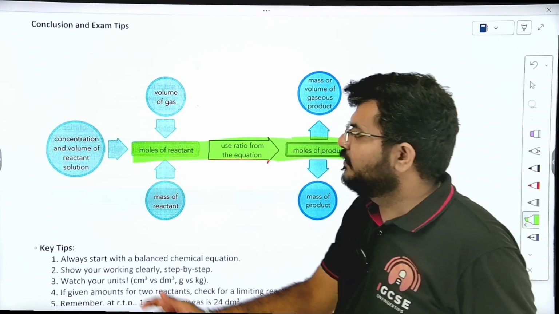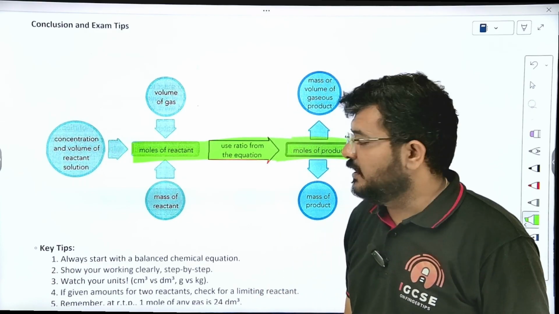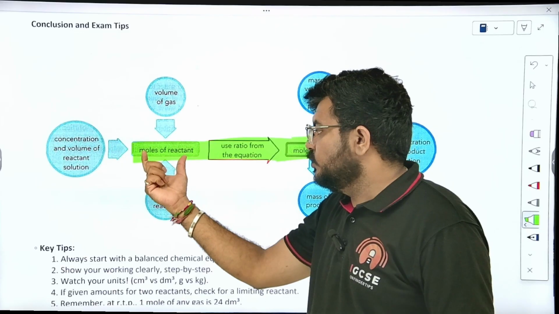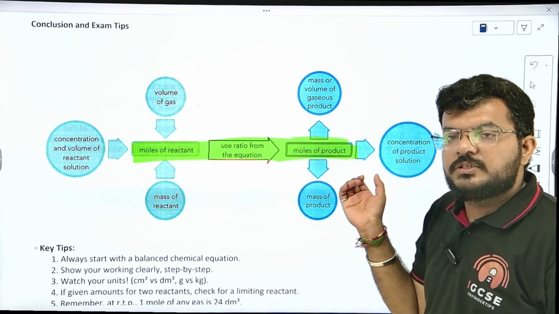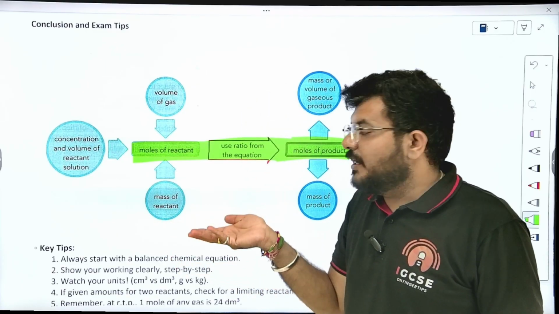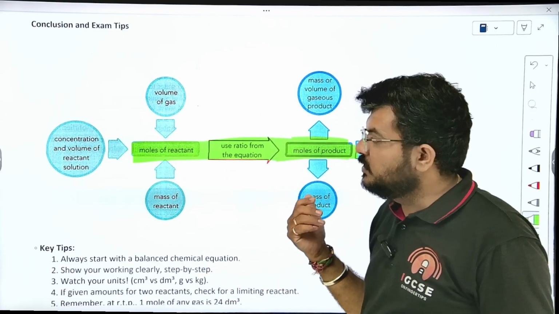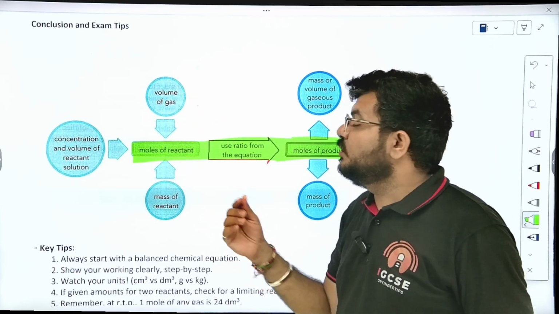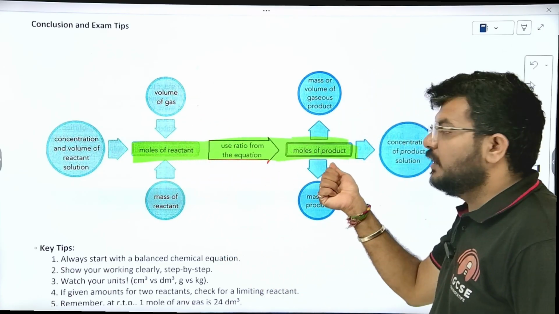So let's say they have given concentration and volume of reactant. You can use volume and concentration, find out the moles. From that, you can follow this method. Let's say they have given you mass. You can then divide it with MR and again go through this. If you have just volume, divide that volume by 24 and you will have mole. Once you have mole, you can again start this.